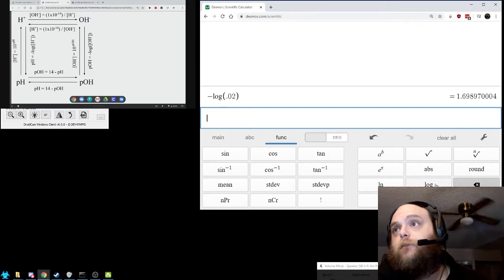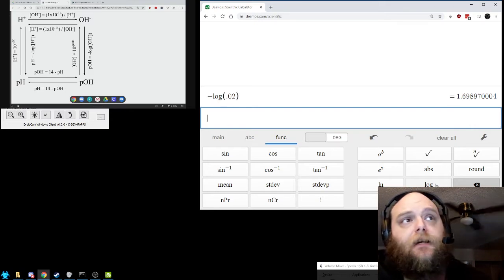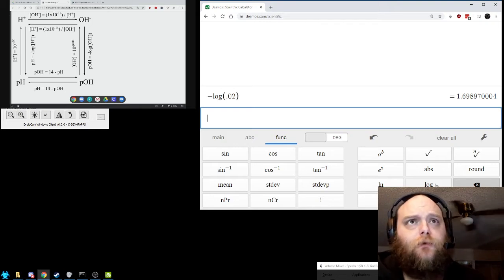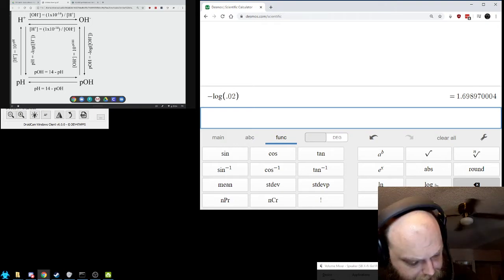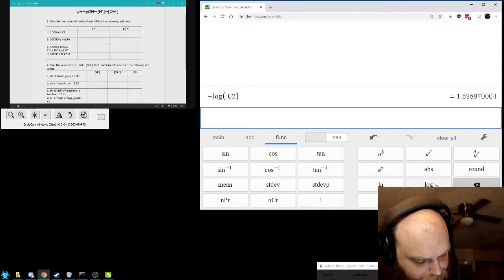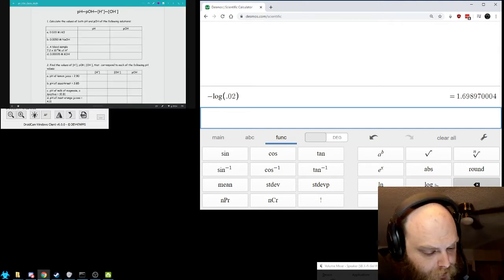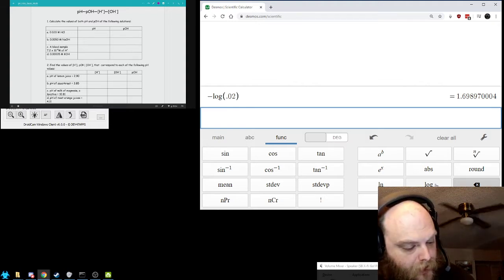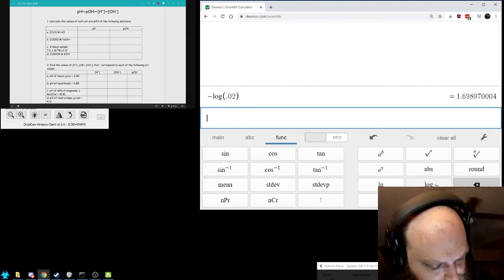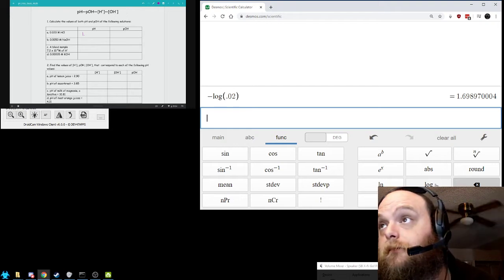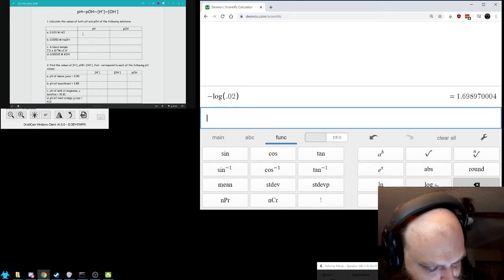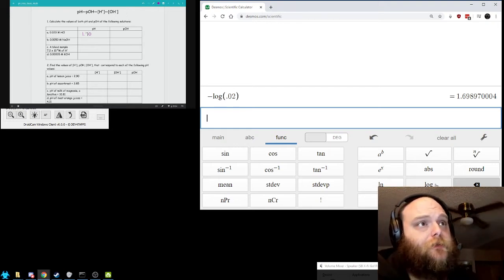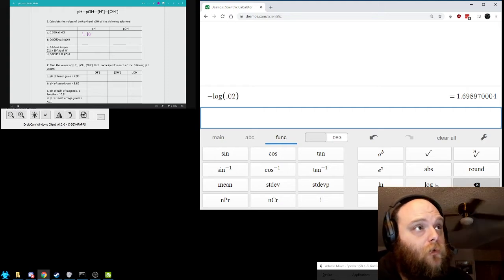And what do we get? We get 1.698, and so on. We round to 2 decimal places because that's what we've been doing the entire year. So the negative log of that concentration is 1.70. That's our pH.